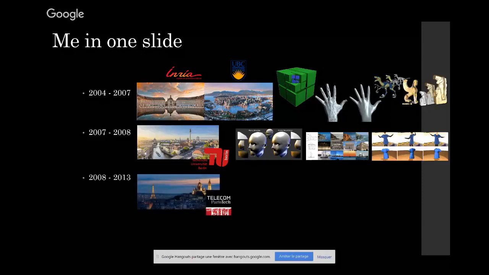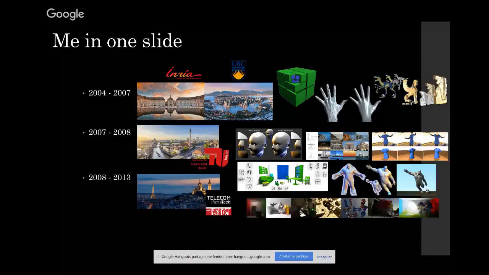Then when I joined Paris Tech in Paris in 2008, I expanded even a bit more, and it became clear that shape analysis was basically at the meeting point between the different things I was interested in. When I started the group, I started to hire PhD students, some in rendering, some in modeling, some in vision, and they all had in common this 3D spatial analysis aspect in their topics, because this is probably the structuring axis in the group.